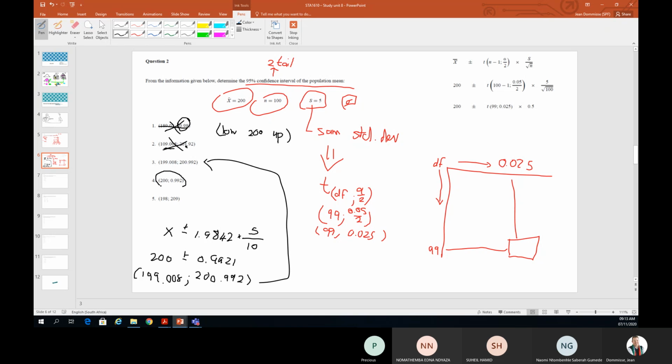Here they've actually given us the 200 and the part that we're going to add or subtract. But again, 200 needs to be in the middle. The smaller one will be smaller than 200 and the bigger one will be bigger than 200. So this one will also not work.